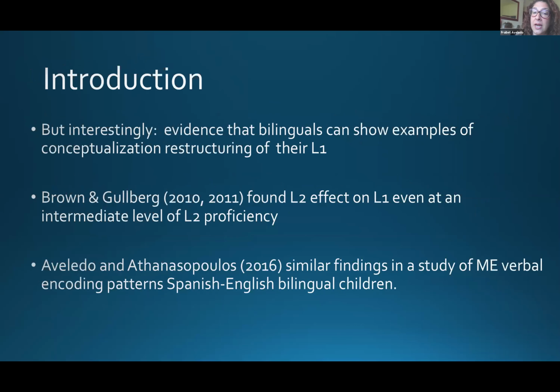But additionally, I'm also interested in observing whether bilinguals present examples of restriction of conceptualizations in their L1, okay?